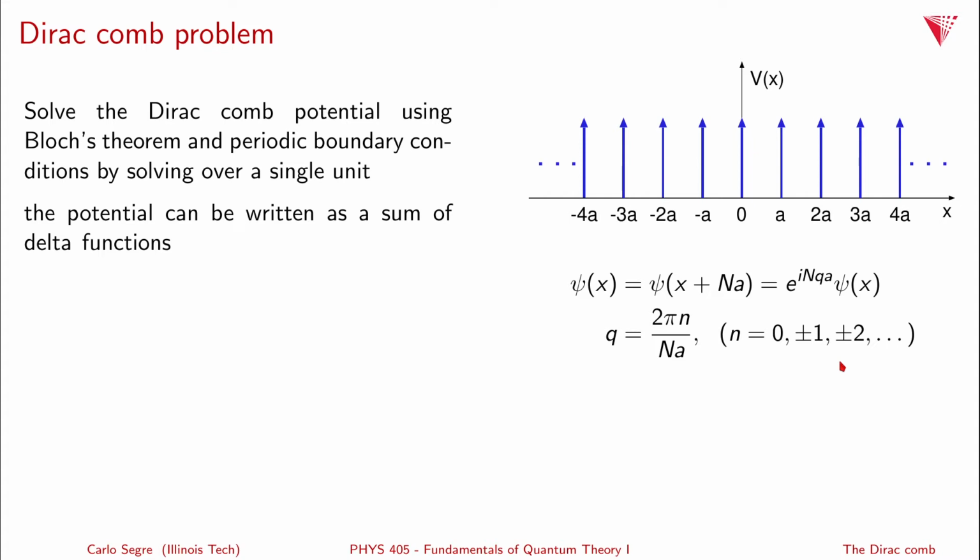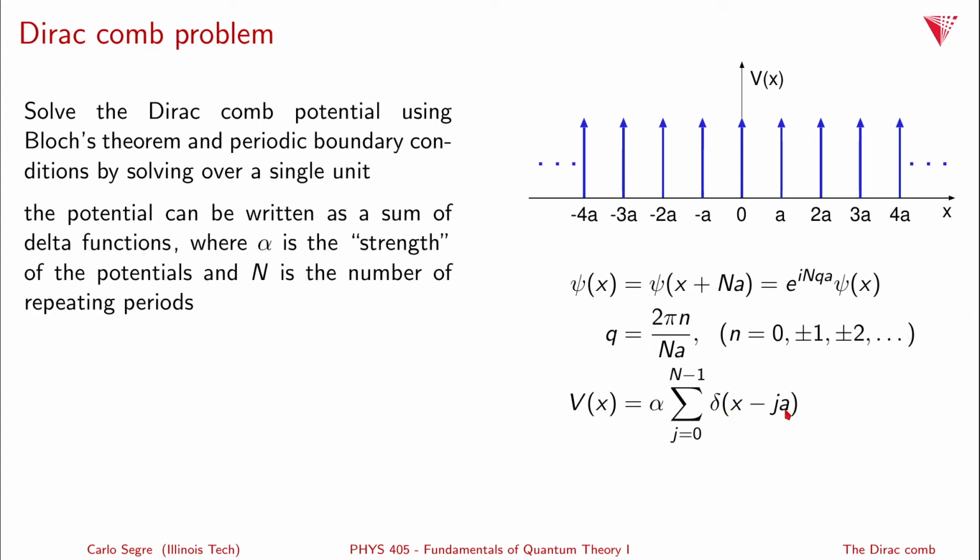The potential that we're interested in is the potential over all N, which is just a sum. So V of x is the sum from j equals 0 to N minus 1 of the strength of the potential alpha times a Dirac delta function, x minus ja, where alpha, as I said, is the strength, and capital N is the number of repeating periods that we have.